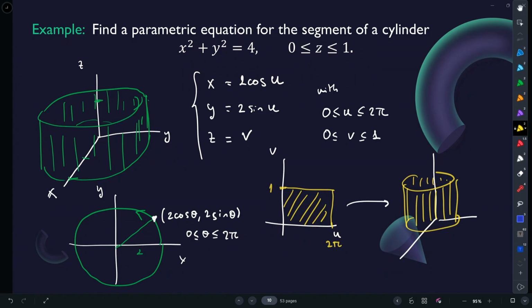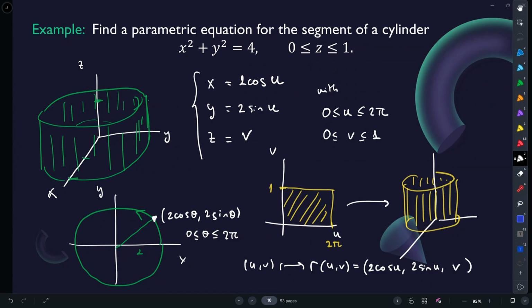with that parameterization. Okay, so our parameterization goes from uv is sent to r of uv, and the coordinates are what we wrote above: 2 cosine u, 2 sine u, v.